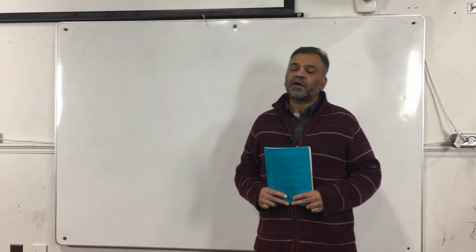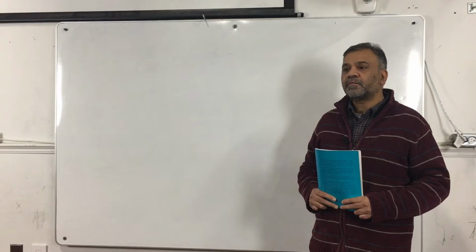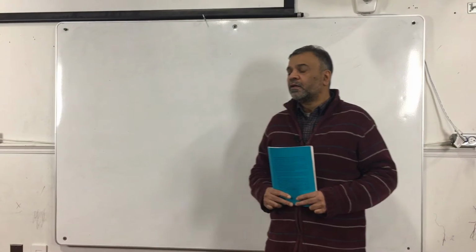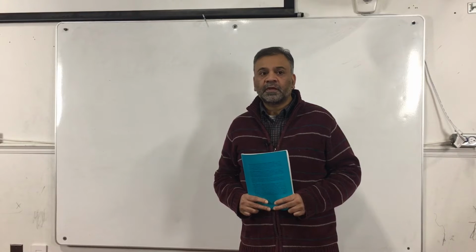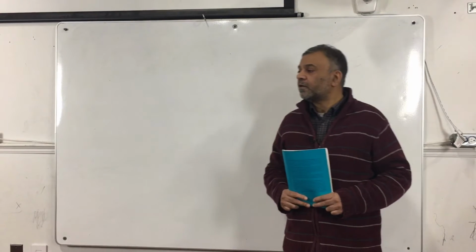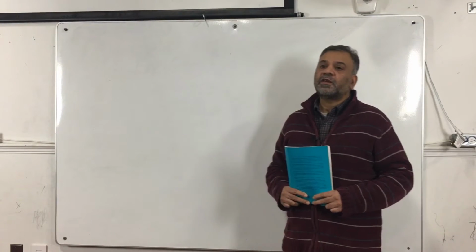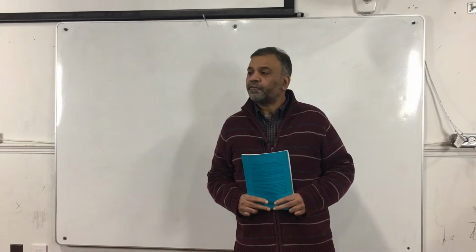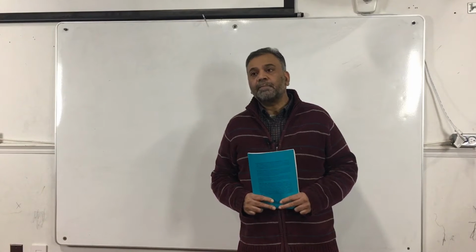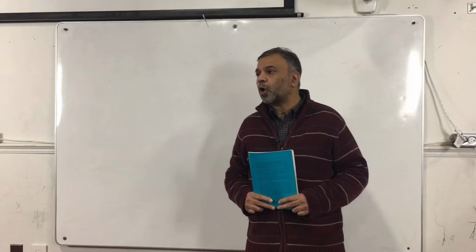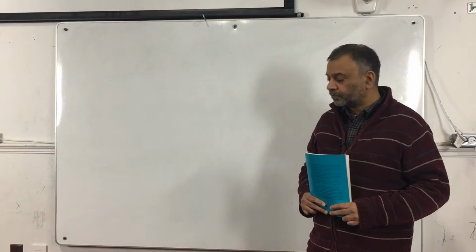In jumla ismiya, or a nominal sentence, we have mubtada and khabar. When we have mubtada and khabar, we are looking to see if mubtada and khabar match in gender or in number.